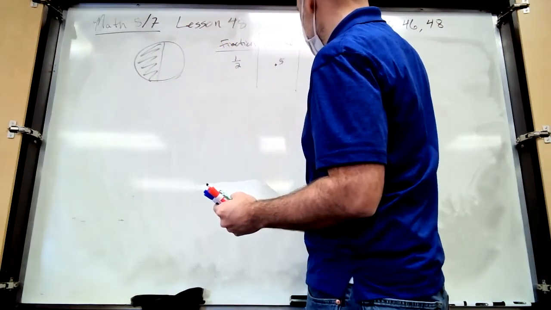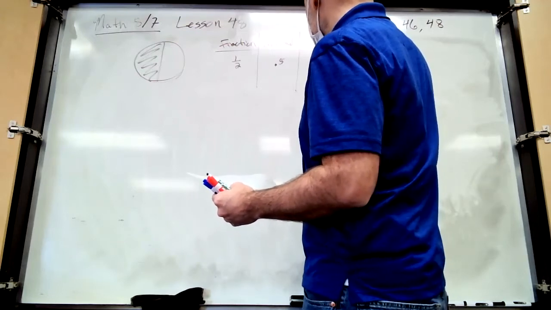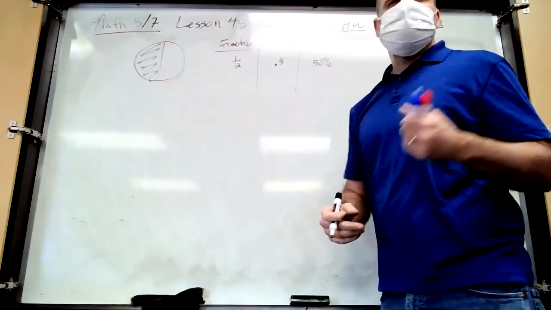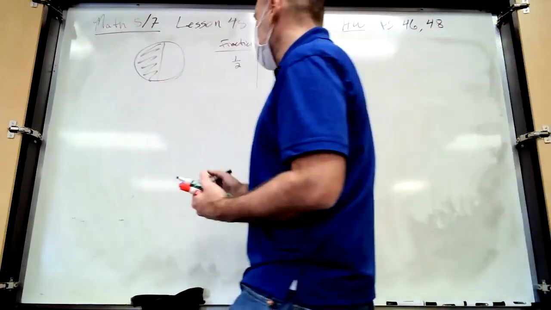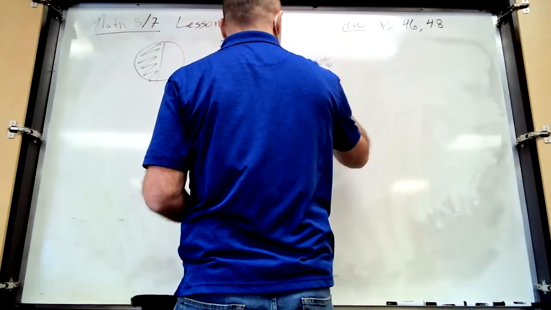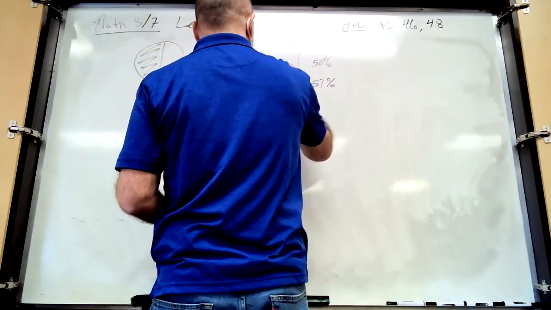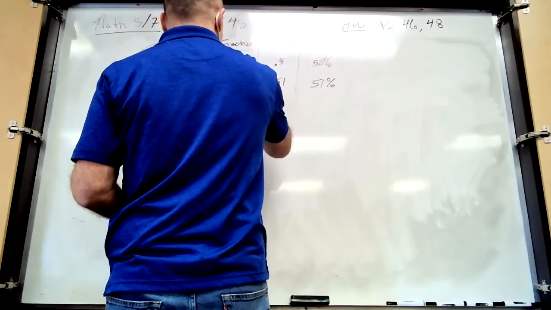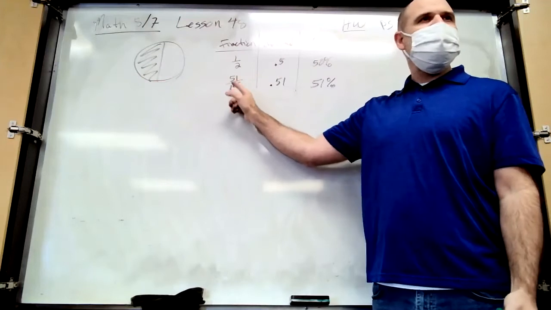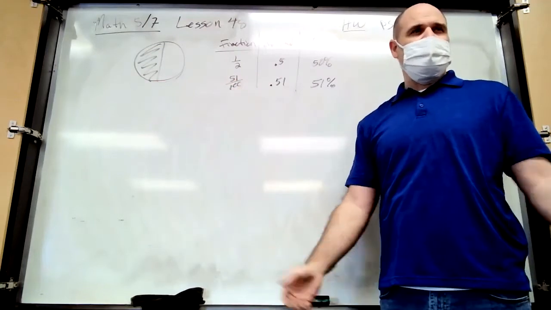And what's the percent? 50. Okay. Here's a good reference one. Let's say this was 51%. Well, that's 0.51, and then 51 hundredths, because a cent is a hundredth.